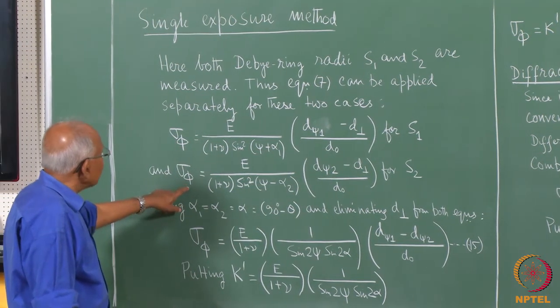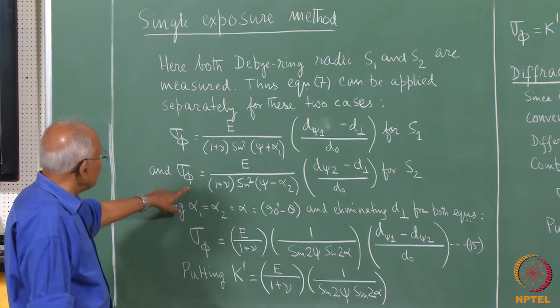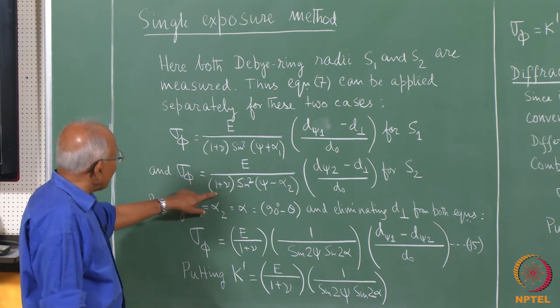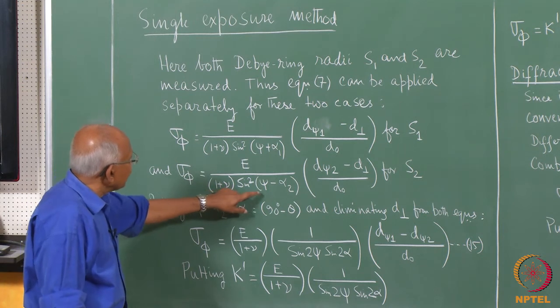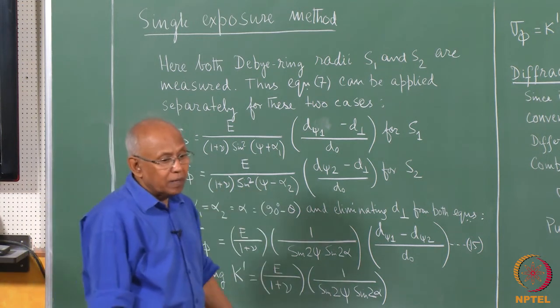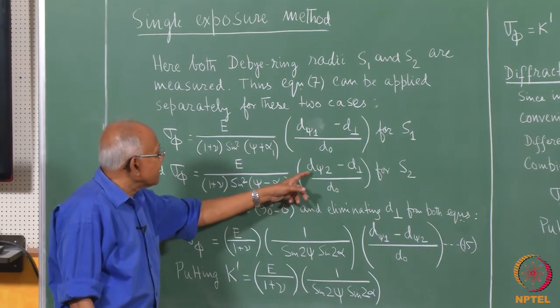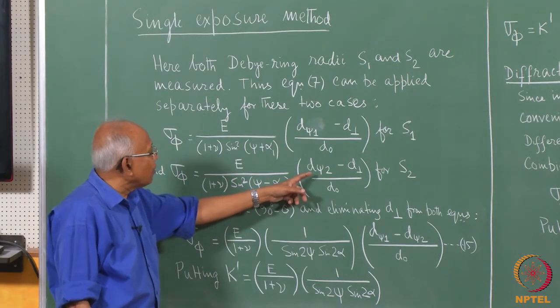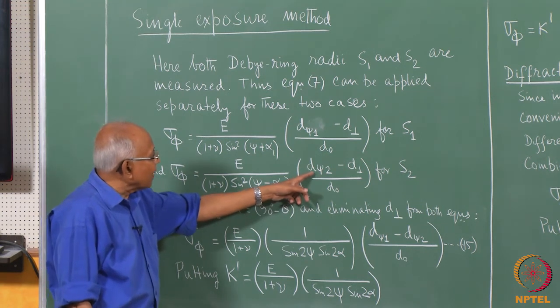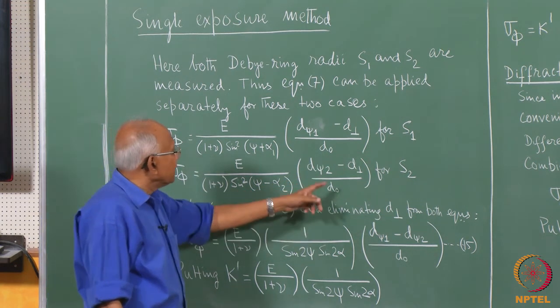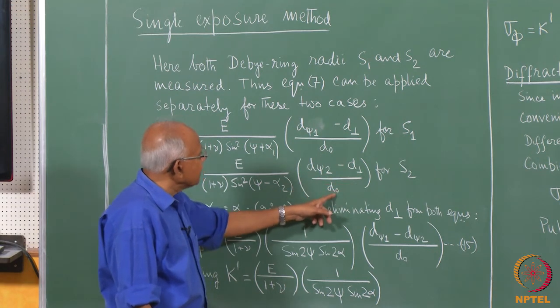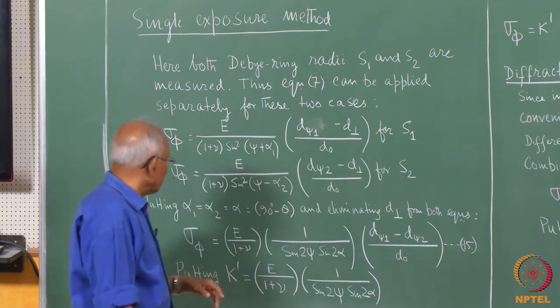And sigma phi for the second case, for S2, will be E by 1 plus nu, sin square psi minus alpha 2, because here the angle from the plane normal is this. So, it will be psi minus alpha 2 multiplied by d psi 2, that means the value of interplanar distance calculated from the S2 side, minus d perpendicular by d 0. This is for S2.